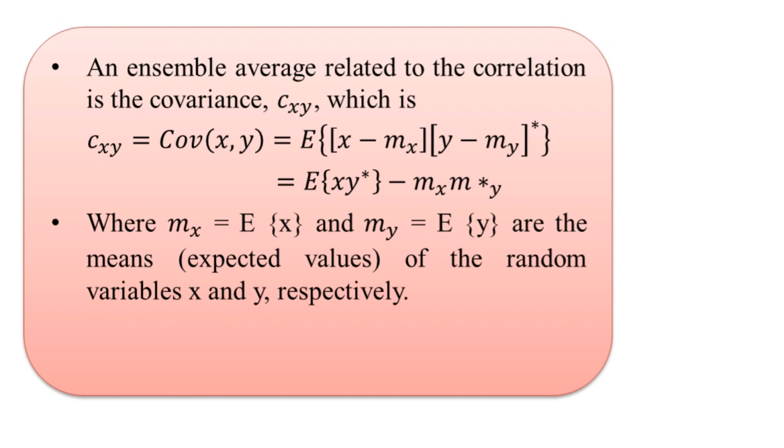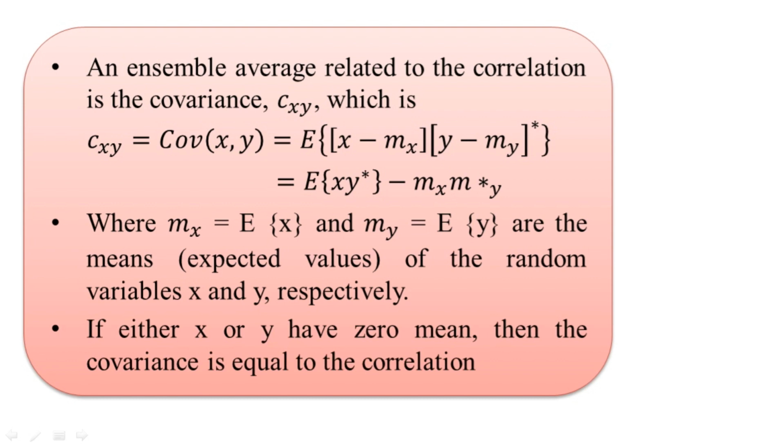This is again a second order joint moment. If in this formulation of covariance the expected values of x and y are zeros, this becomes the same as the formulation of correlation.